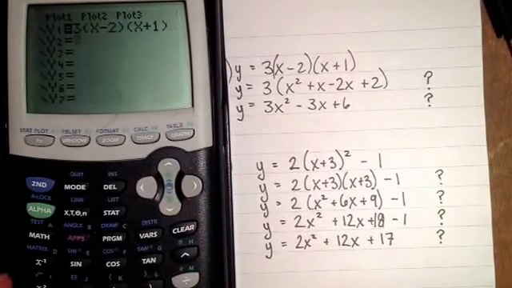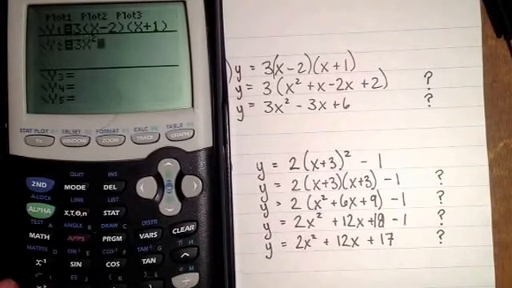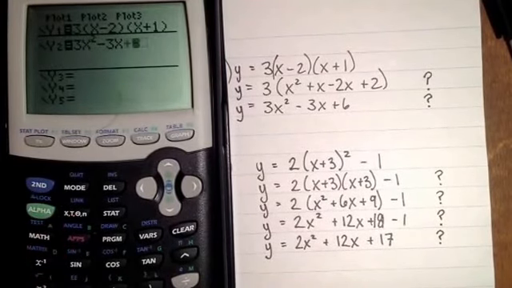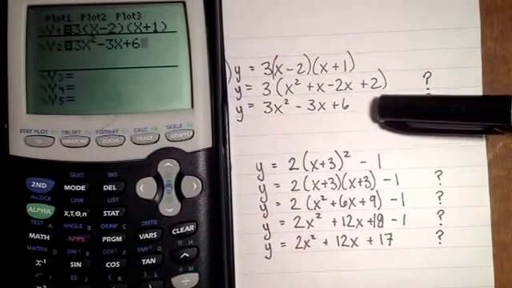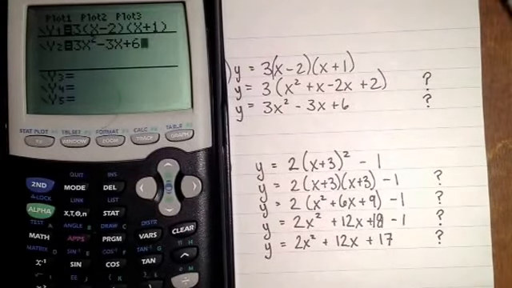Then I'll put my answer in the last one, 3x squared minus 3x plus 6. If we've done all our algebraic operations correctly, then these two things should be identical, so the graphs should be identical. So you just check.